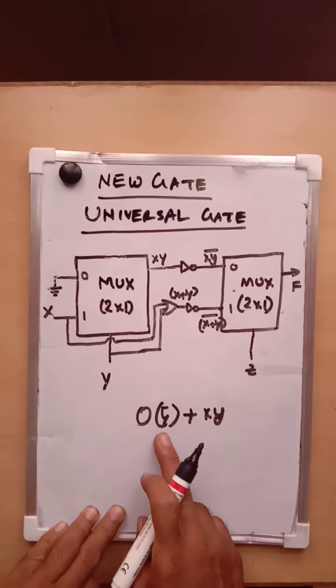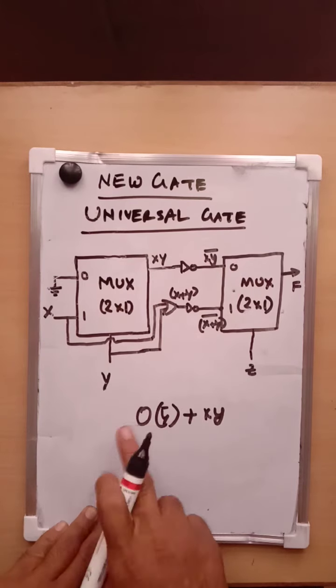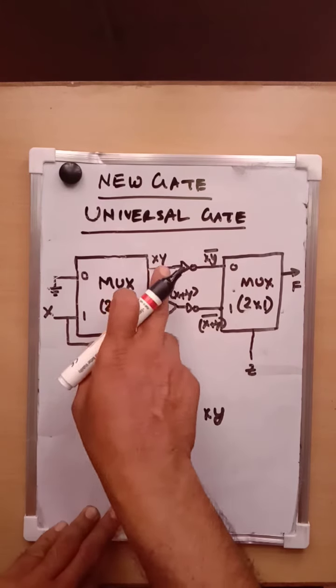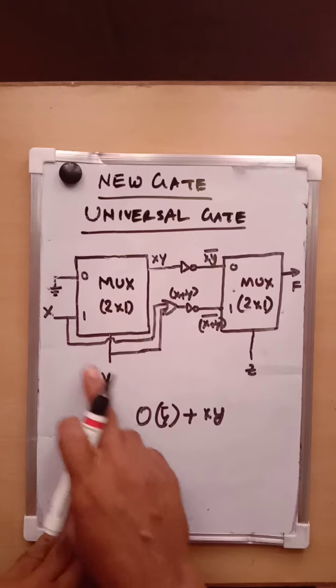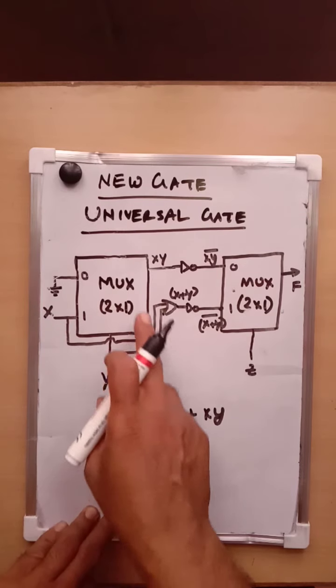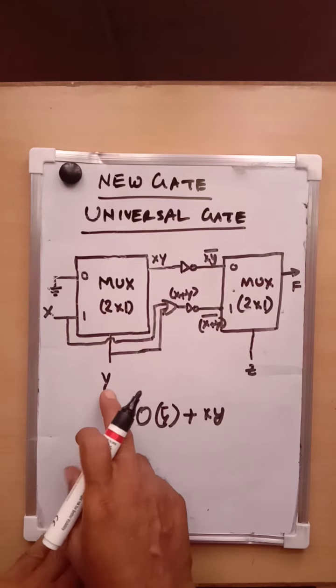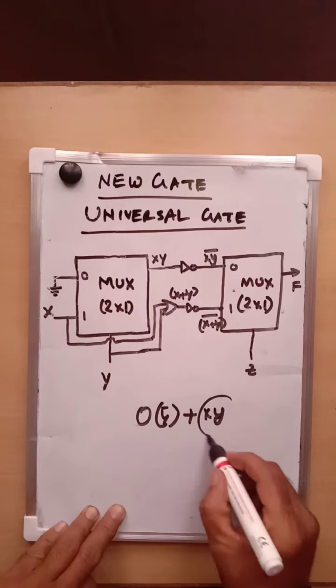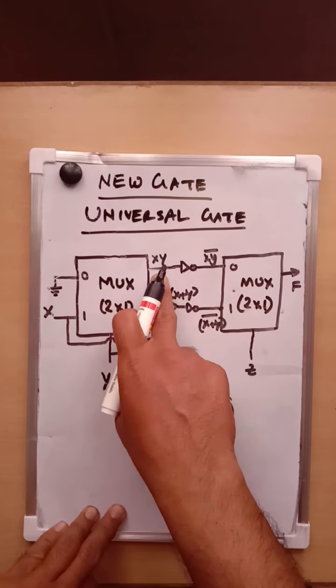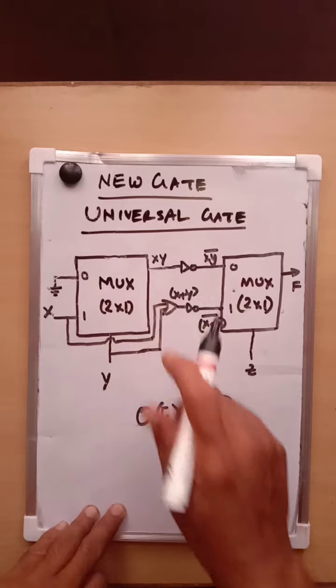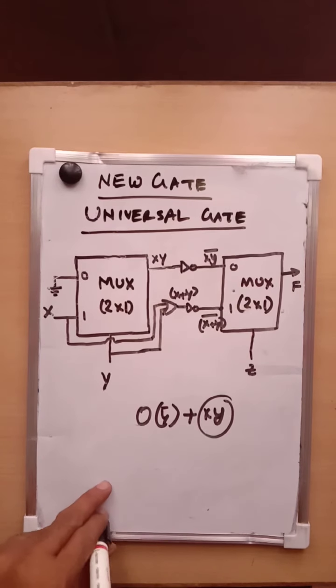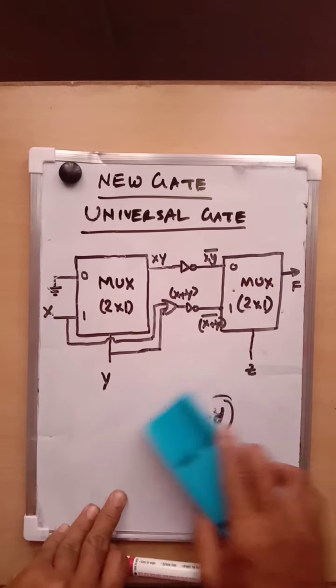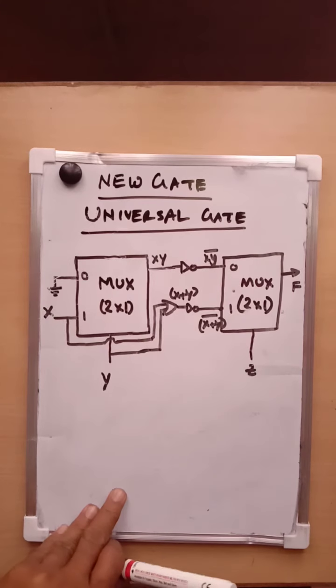Here 0 multiplied by Y bar gives no output, so only X and Y comes as the output when Y is equal to 1. That's why the output of this mux is XY. Similarly, I am considering another input.